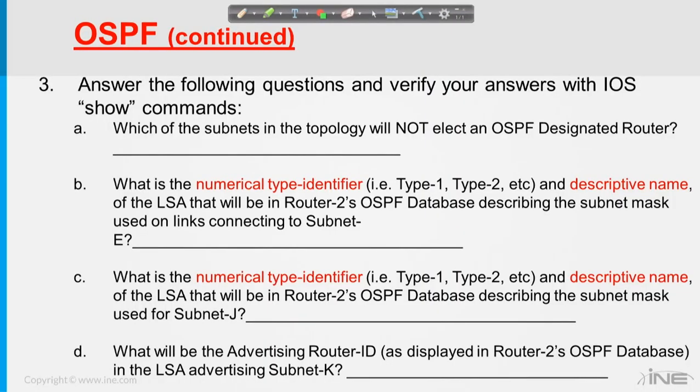Okay, which of the subnets in the topology will not elect an OSPF designated router? So go ahead and take a look at the diagram and tell me what you think. Will it be A, D, X, E, H? Which of those subnets will not have a designated router?